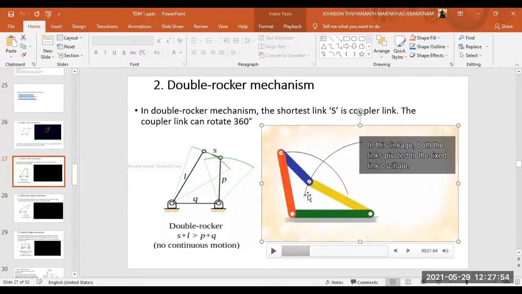If you move it on a white paper, it will create a drawing. When you move this yellow link by hand this way and that way, the pencils fixed in these joints will trace the motion. From that drawing, you can understand how it is moving. For that, this condition should be fulfilled.